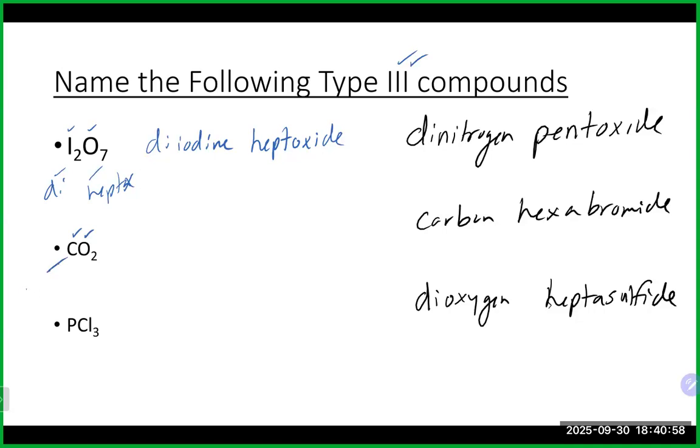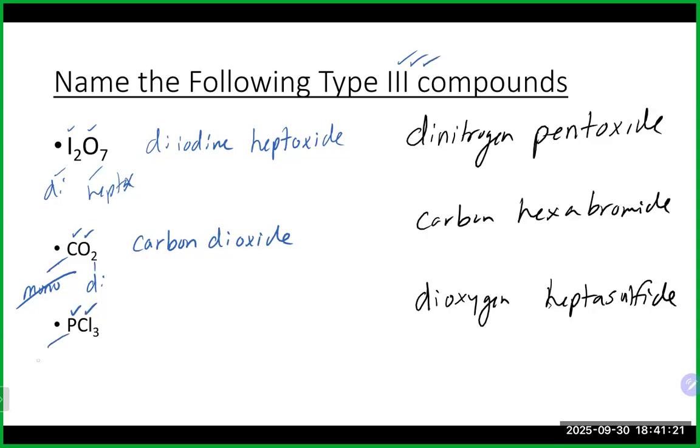Once again, here I see carbon and oxygen, which are 2 nonmetals, tells me it's type 3. Here, we only have 1 carbon, that is mono, but we do not use it on the first name, so we don't have to worry about that. Di here is our second one, so just the whole name of our first element, and dioxide there for our second there. Lastly here, we have phosphorus, which is a nonmetal, chlorine, which is a nonmetal.